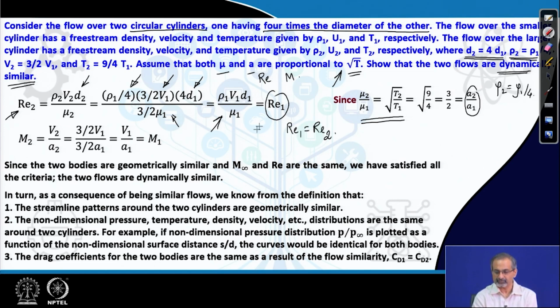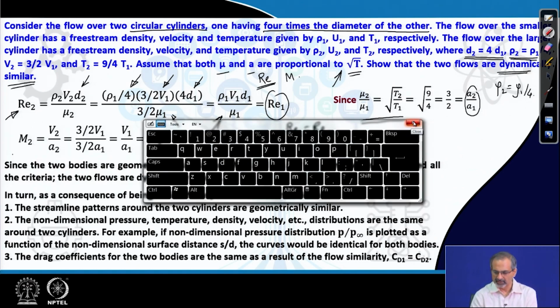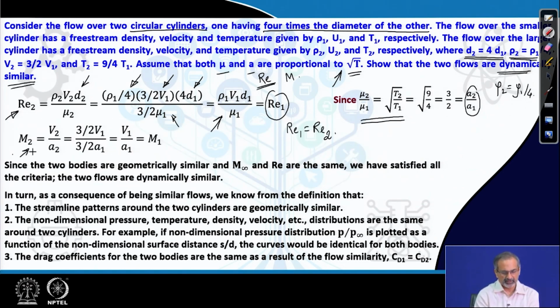So, we have maintained equality of one of the important non-dimensional parameters already. When it comes to Mach number, you do a similar process and thereby you get V 2 by A 2 finally coming up as V 1 by A 1. Therefore, Mach number equality is also established. So, the two flows can be claimed to be dynamically similar.